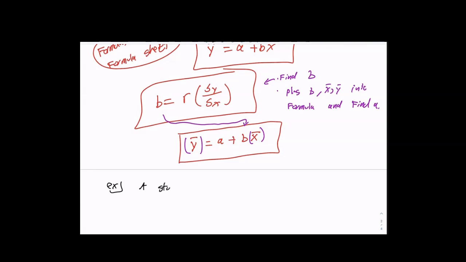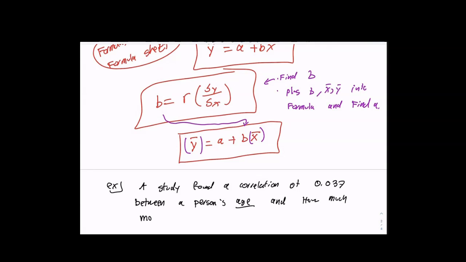So a study found a correlation of 0.037 between a person's age and how much money is spent at a local store. Now that's a very weak correlation right there.